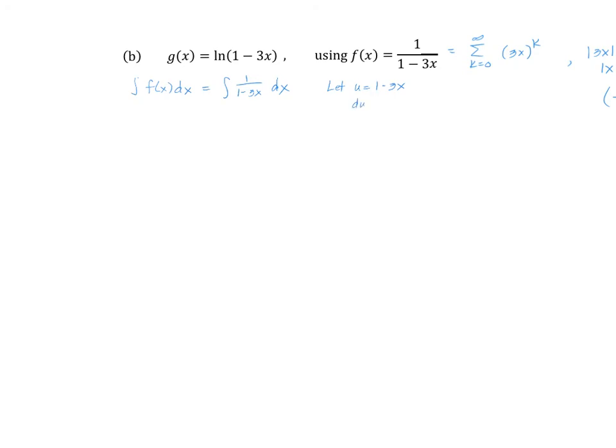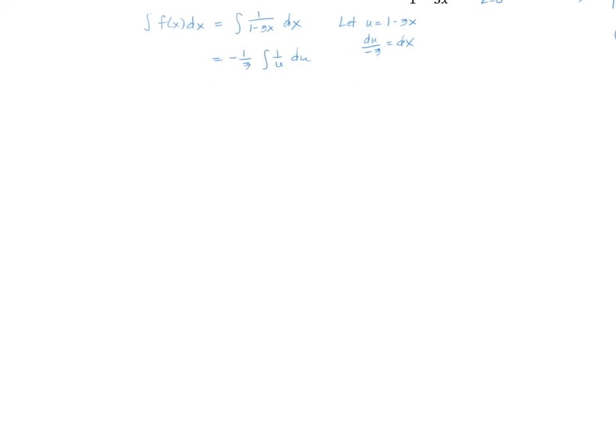So du over dx is going to be equal to -3, or in other words, du over -3 is equal to dx. And now in my substitution, it's going to be 1 over u times du over -3, which I'm going to pull out the -1/3. Kind of skipping steps here because we did all that in previous chapters, not necessary here. Just look at the major steps.